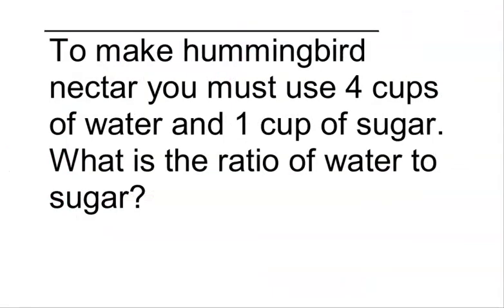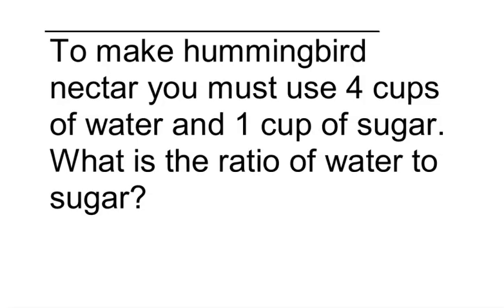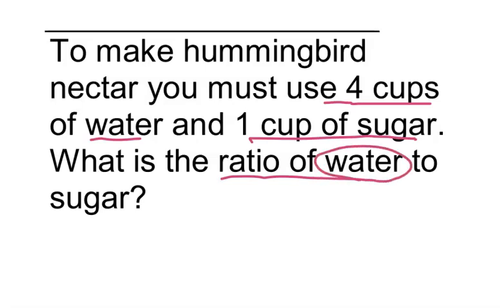All right, to make hummingbird nectar, you must use 4 cups of water and 1 cup of sugar. So 4 cups of water and 1 cup of sugar. What is the ratio of water to sugar? They said water first, so we have to do that, and they said sugar second.